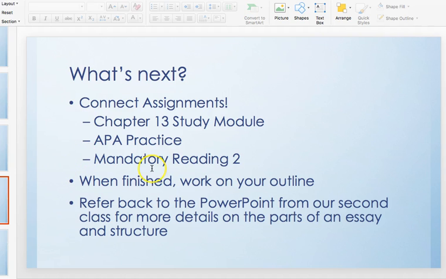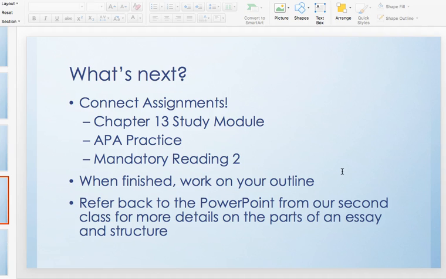And when you are finished, work on your outline. And what I mean by work on your outline is, if you have already completed your outline, great. Go over it again. Look it over again. Make sure that your thesis is strong, that your topic sentences are strong, that your sources are authoritative and clear and not biased, and just polish up your writing within your outline as much as you can.